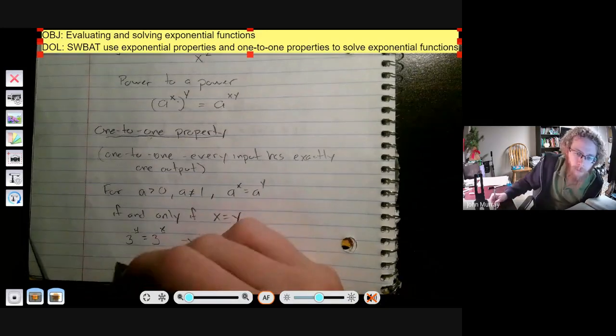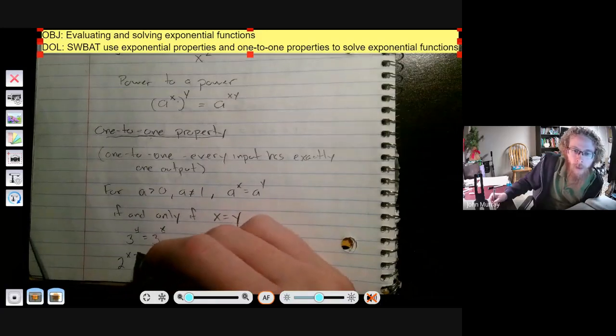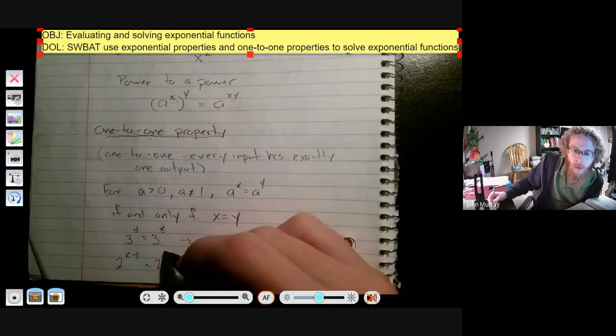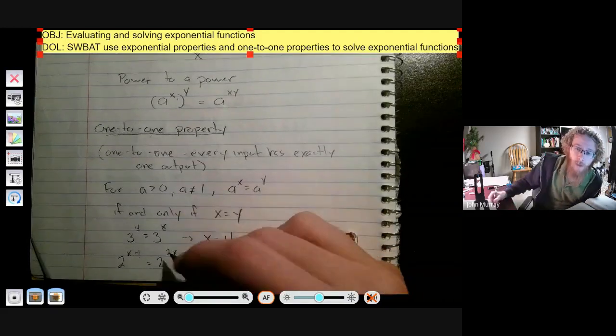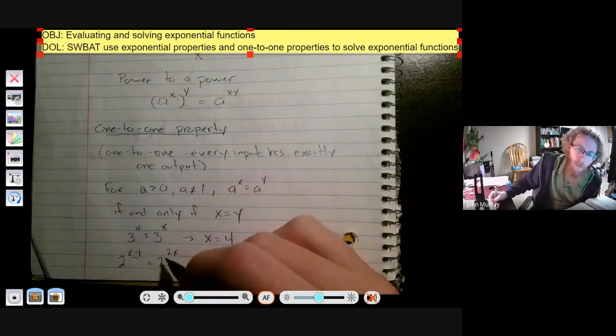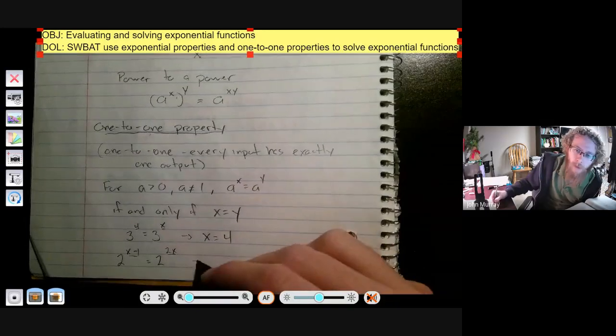We could take that up a step. If we had functions as our exponents, here we have some composite functions, but again, we would just be looking at the exponents.